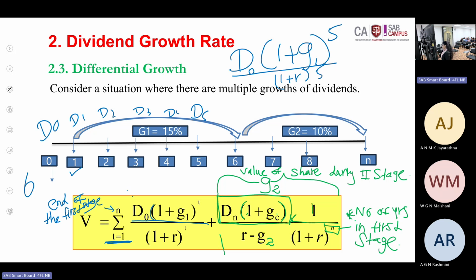So this is one, right? Identifying dividends during respective years.